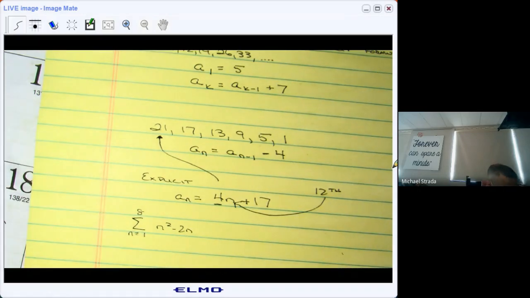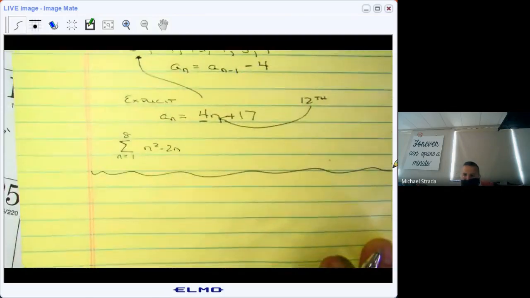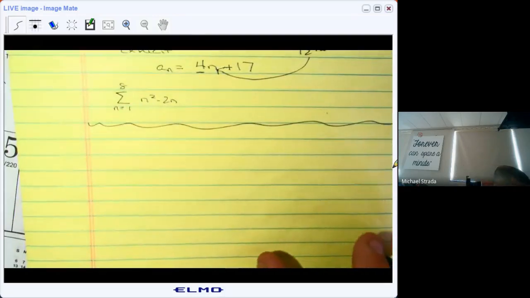Now, we just went through, given a sequence of numbers, write it in sigma notation. Here's the difference. Instead of giving it simplified, they're going to give you the final result.